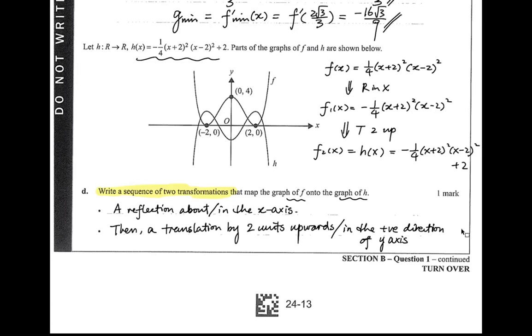Alternatively, you can say from a quarter x plus 2 squared, x minus 2 squared, you can translate that function 2 units down first.